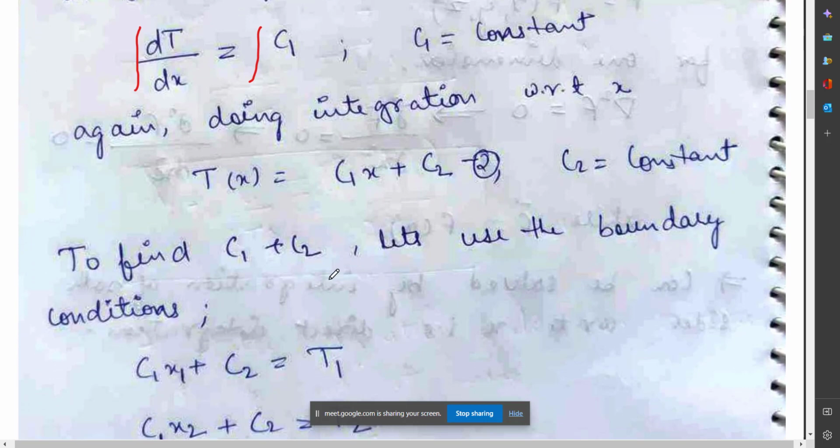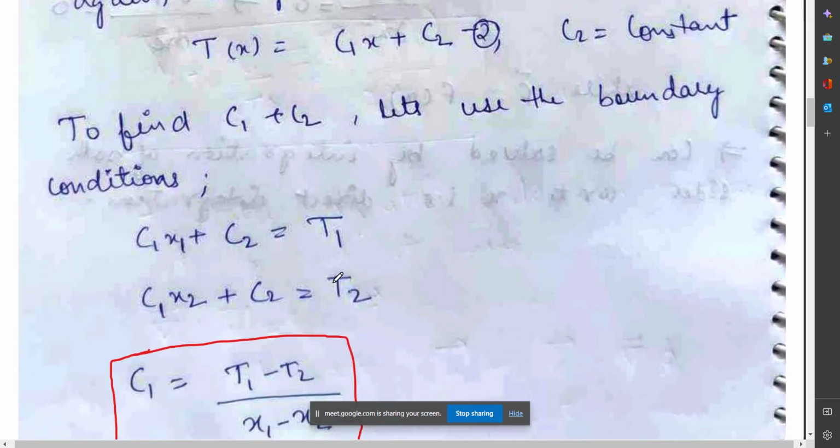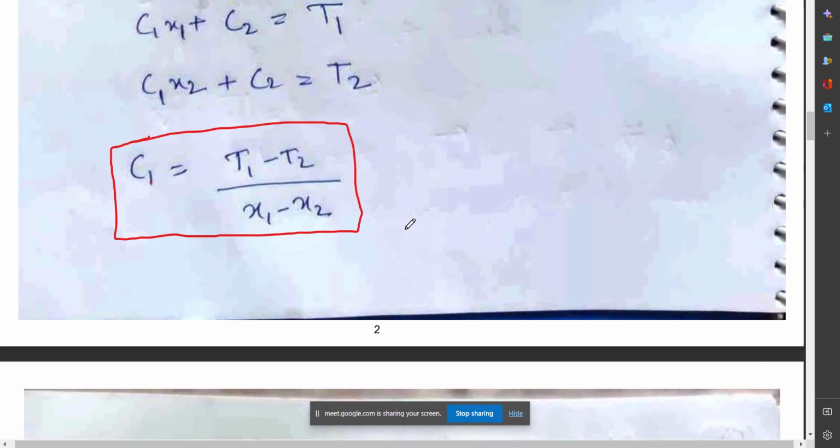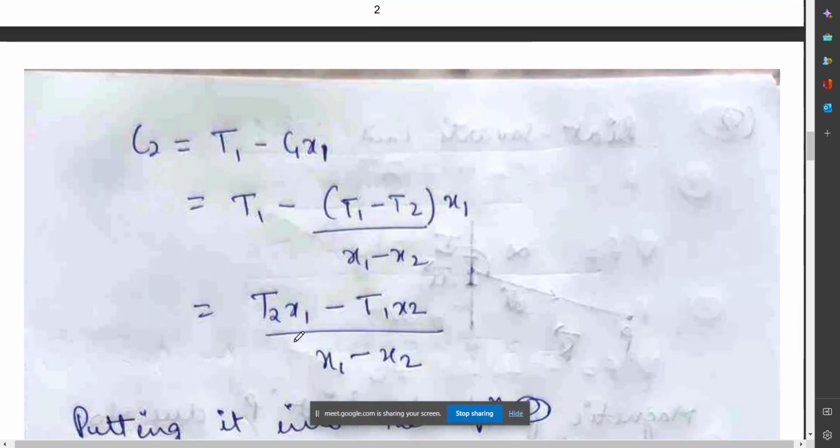Both here c1 and c2 are constants. And then we have used the boundary conditions, T1 and T2, and then we got the value of c1. Similarly, to find out the value of c2, we will put the value of c1 here. So c2 is equal to T1 minus c1 x1. Now putting the value of c1 from here, we will get the value of c2.